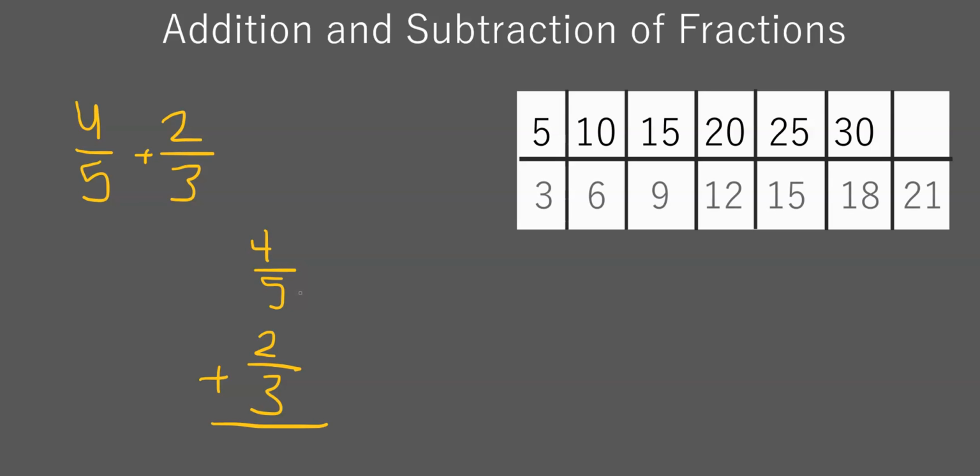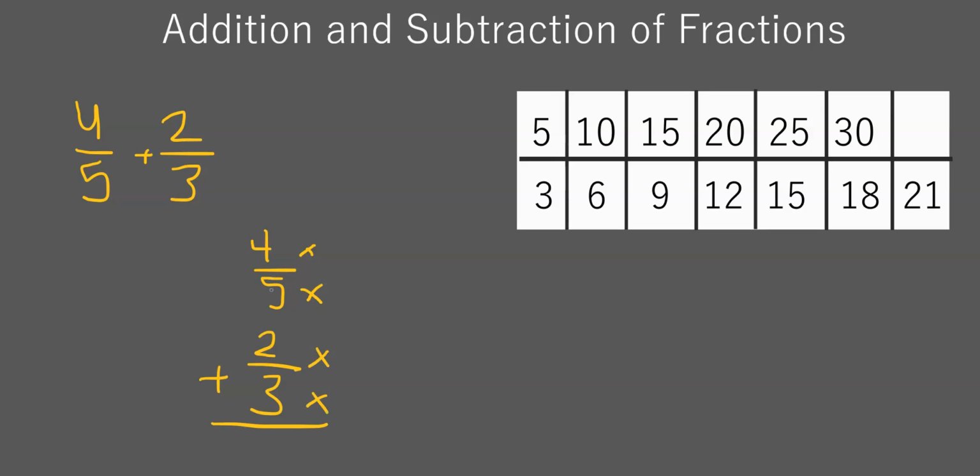For 3, we have 3, 6, 9, 12, 15, 18, and 21. And I can see that our lowest common multiple that I've listed out is going to be 15, so that's going to become my least common denominator.